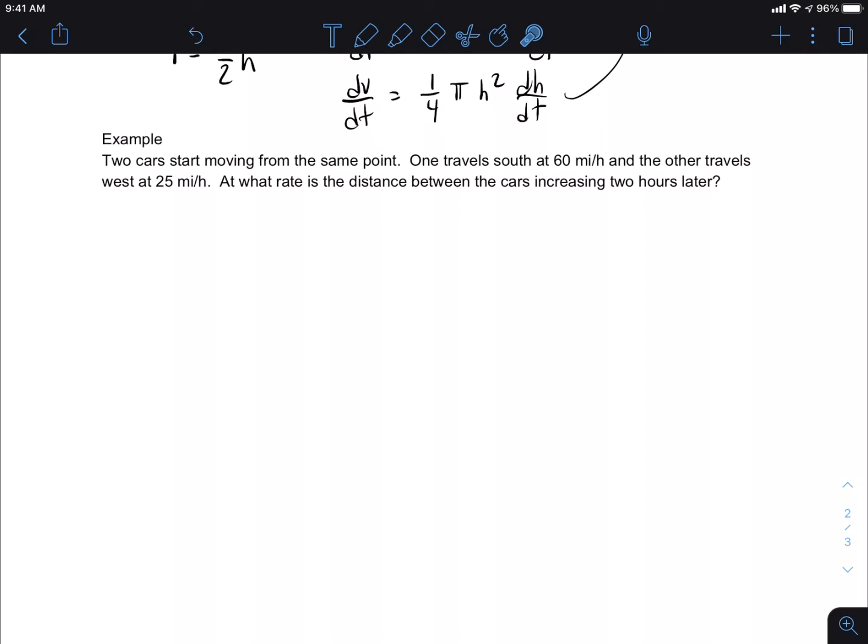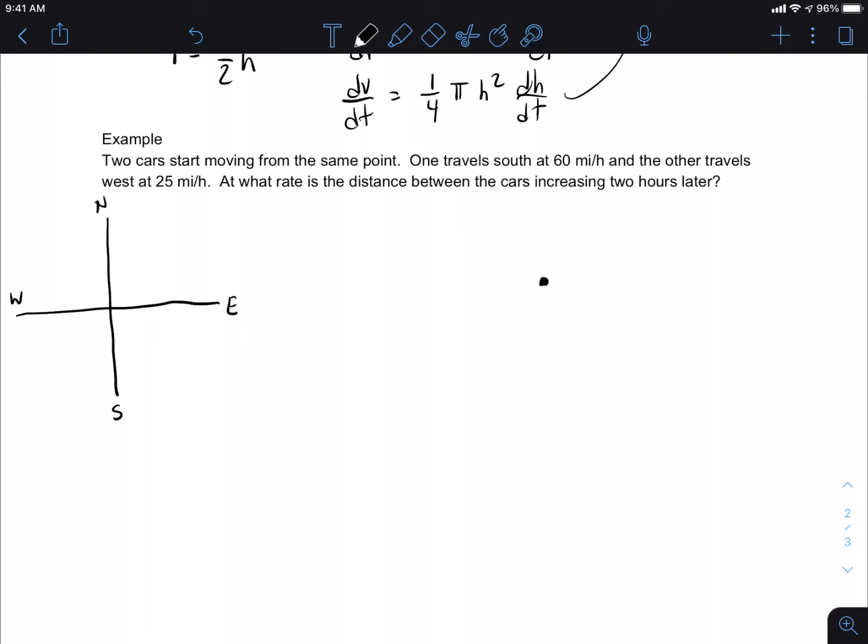Okay. Before we get into this problem, we should talk about some basic directions that you already know or should know, but I'll reinforce it for you. So this is going to be east, north, that's south, and this is west, so that you have the correct orientation when doing these problems, okay? So in this example, it says two cars start moving from the same point.